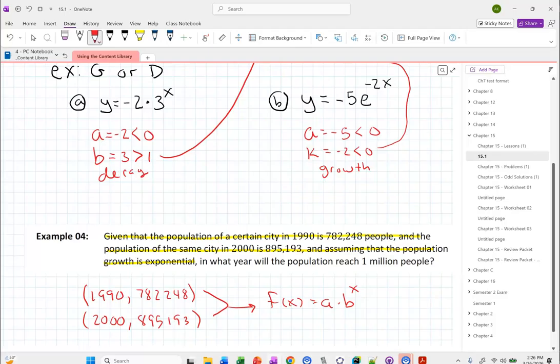Now, as Sebastian's noted, probably worth doing this as a calculator problem because we just saw how to do this.